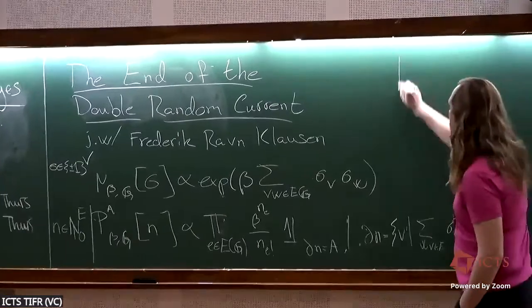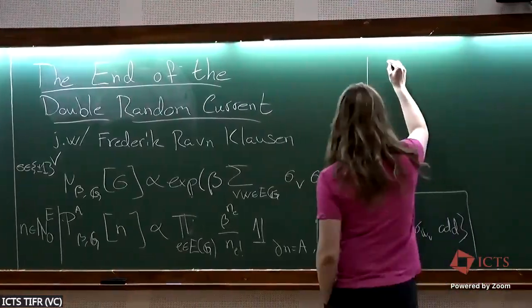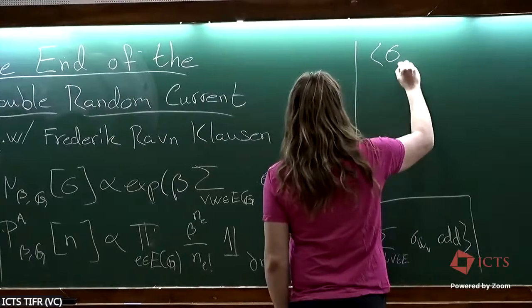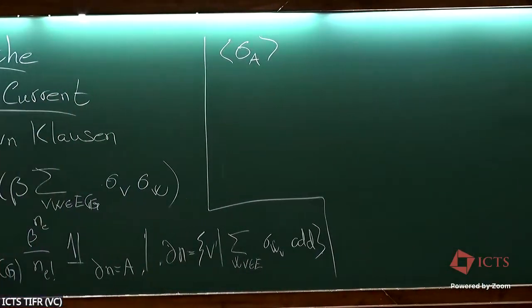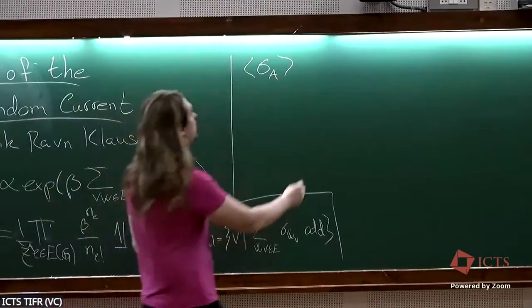And as has also been discussed, the current has this property. Maybe here I should really take care. There is some normalizing constant, set A, and that normalizing constant plays a role.